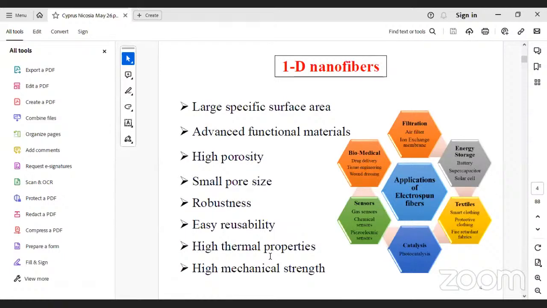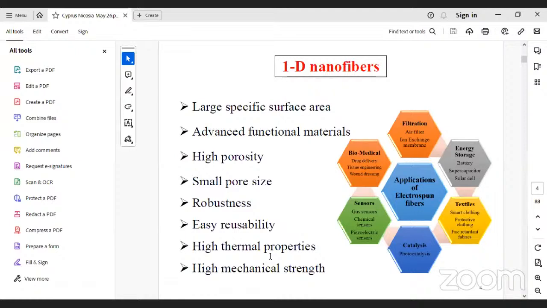These materials can be used for filtration, that is air filtration, and as an ion exchange membrane. For energy storage applications, specifically batteries, supercapacitors, and solar cells. In the textile industry, smart clothing, protective clothing, and fire retardant fabrics.